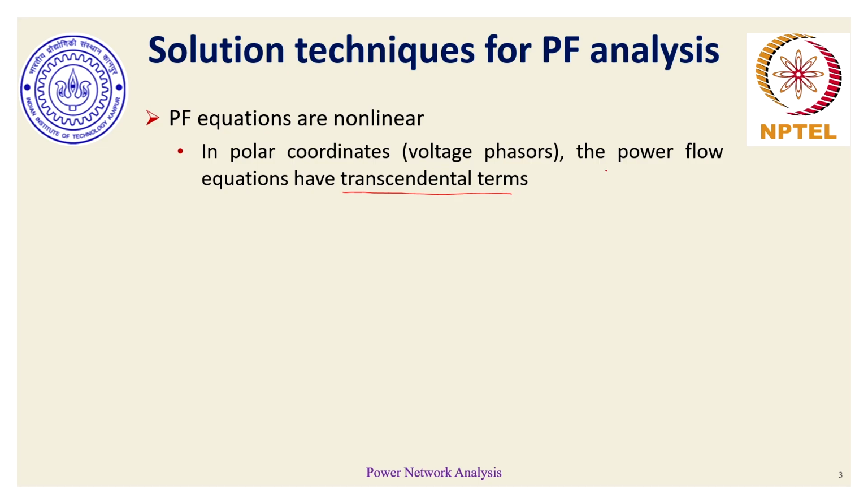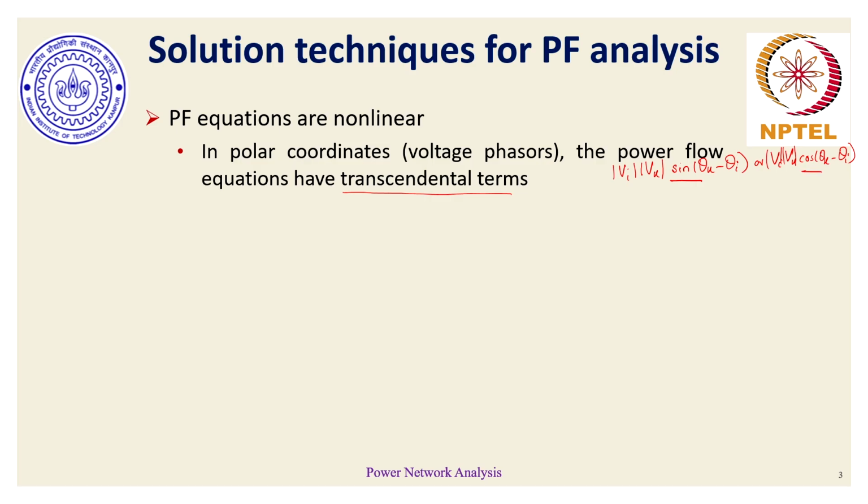Each power flow equation would have a term of this form: Vi Vk mod sine of theta k minus theta i, or cos of theta k minus theta i, where theta k is the voltage phase angle of bus k, Vk is the voltage magnitude of bus k, and a similar notion applies for bus i with respect to Vi and theta i.